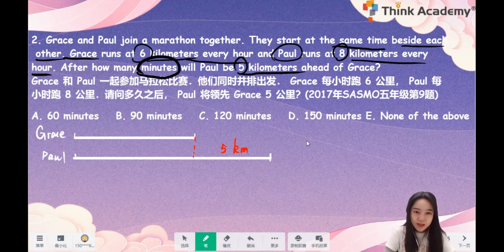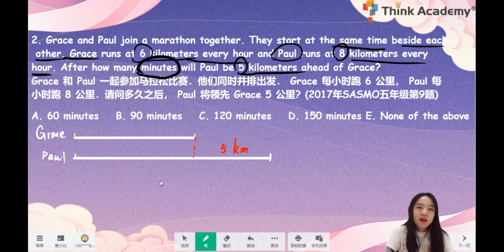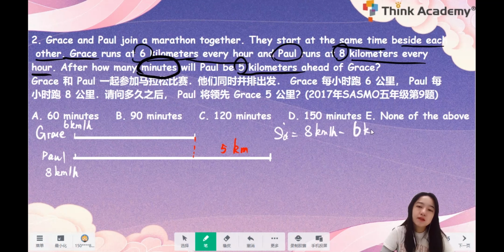Actually, in the picture, we have already got the distance difference. Also, we can label the speed over the name. In this way, we just need to know how much further Paul travels than Grace in 1 hour, which is the speed difference: 8 kilometers per hour minus 6 kilometers per hour, which is 2 kilometers per hour.